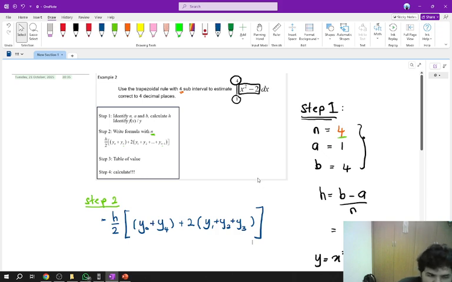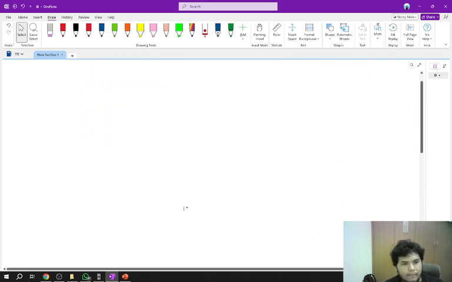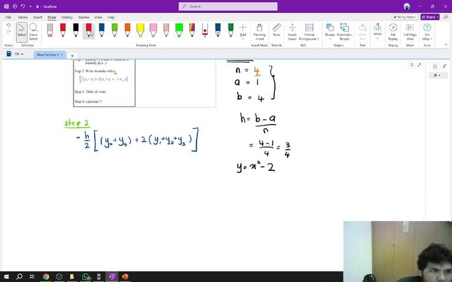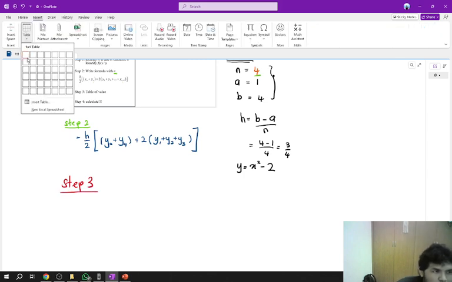Now we move on to step number 3. We need to draw a table. For the table, you have to draw a table consisting of 3 columns.